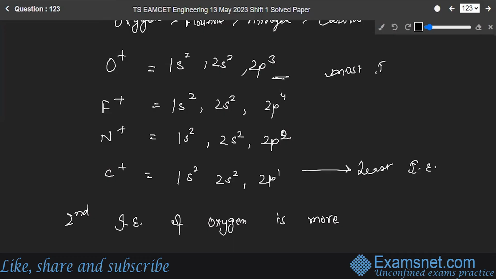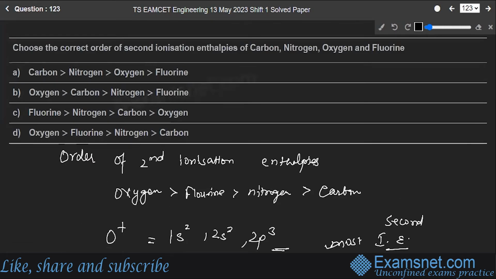This one has the most second ionization energy. And carbon has the least as it will remove one electron to attain a stable, fully filled configuration. So you have option D as the correct answer. Hope you understood that. Let's move to the next question.